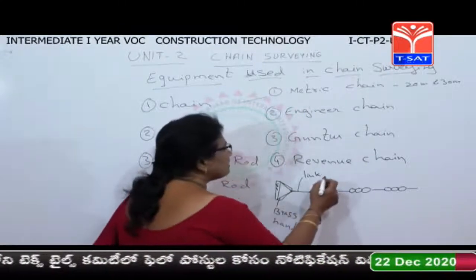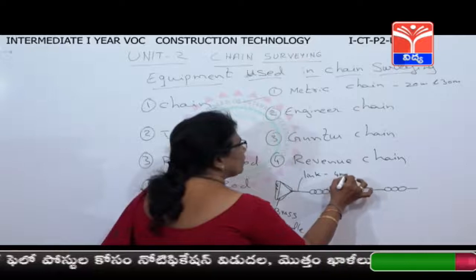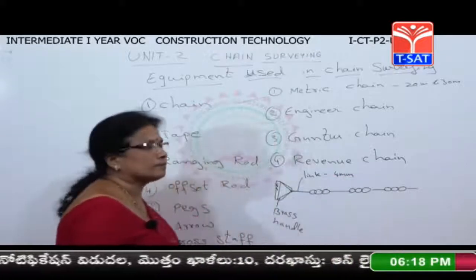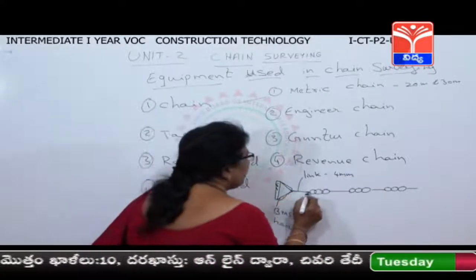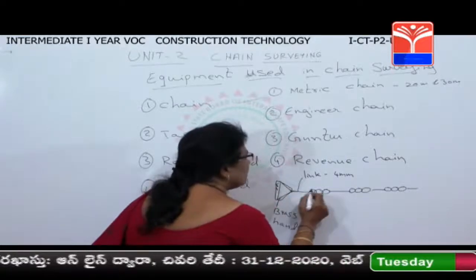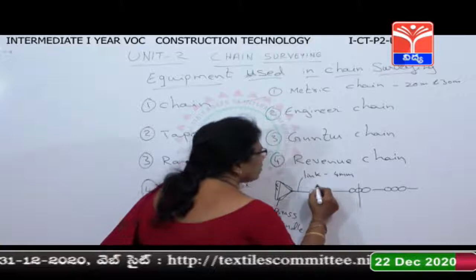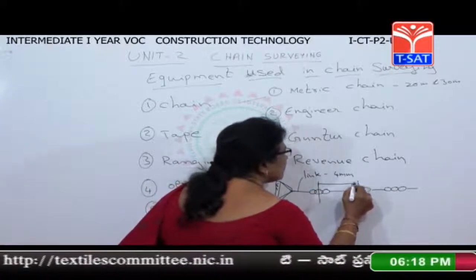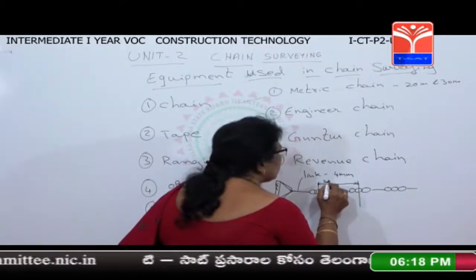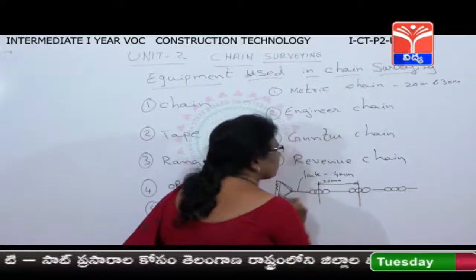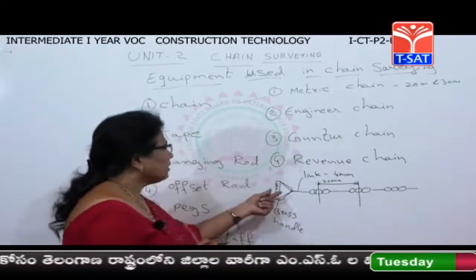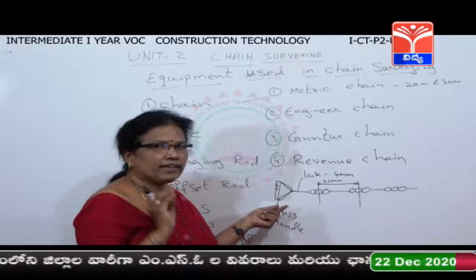The diameter of this link is 4 mm. From here to here, the length of the link from center to center is 200 mm. Clear?